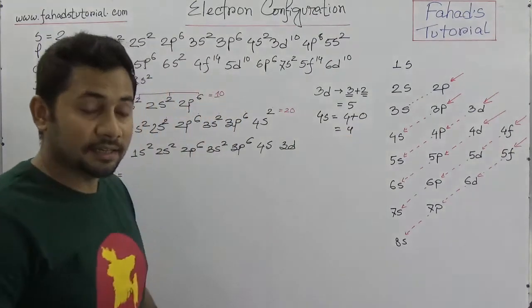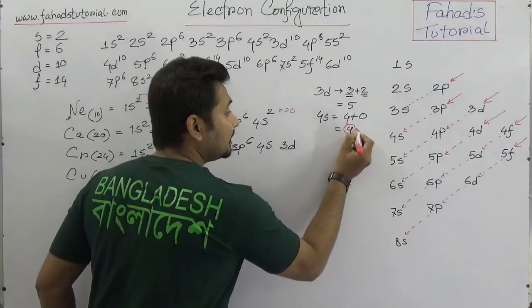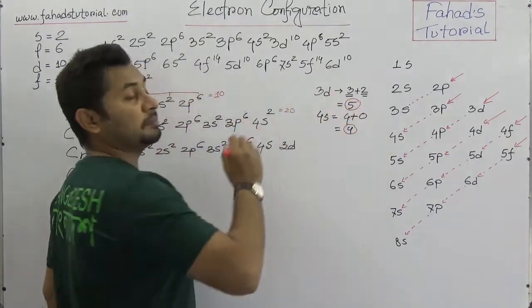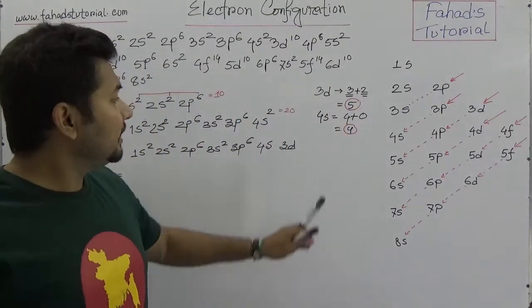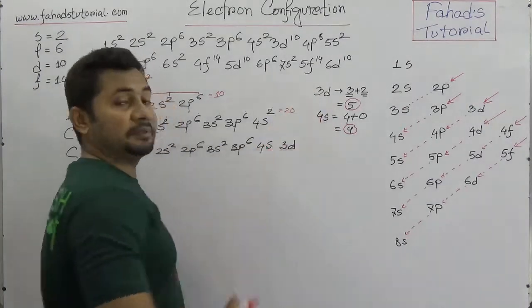So we can say that the energy of the 4s orbital is less than the 3d orbital. That is why electrons go to the 4s orbital first and then the 3d orbital.